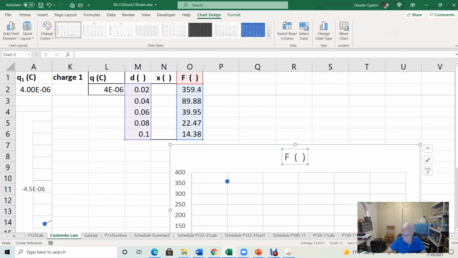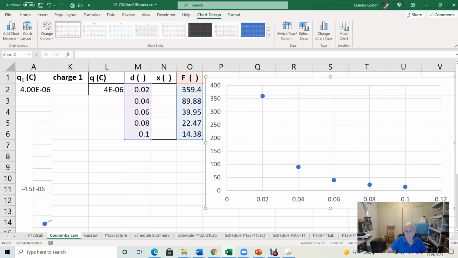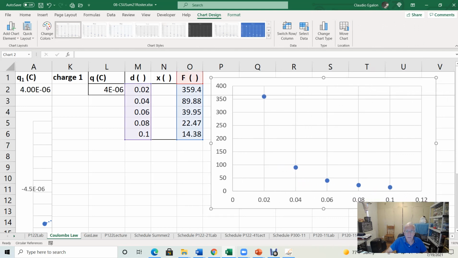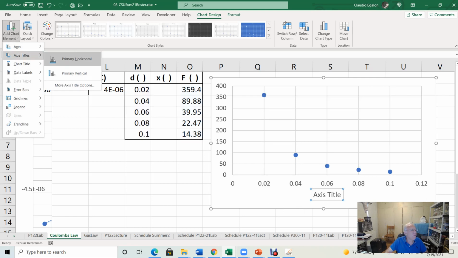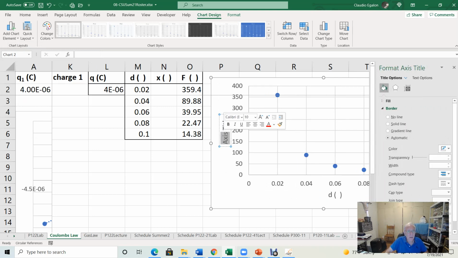Shrink it. Add chart elements. Primary horizontal, primary vertical. Put D here. Put the units. Put the force here. Put the units.